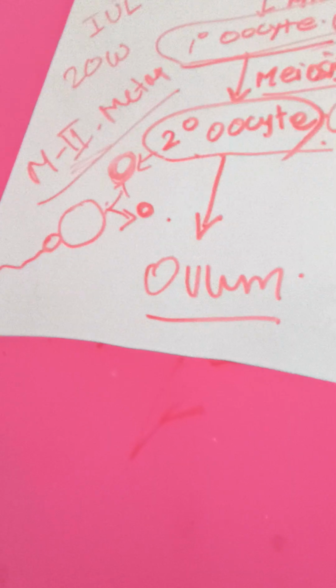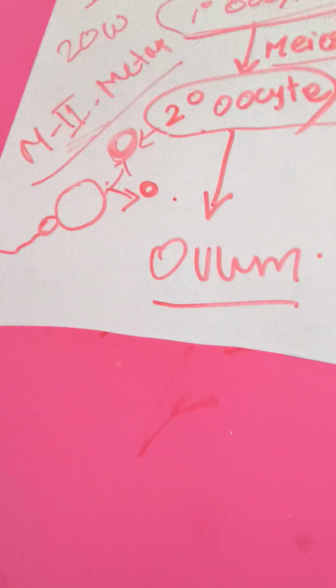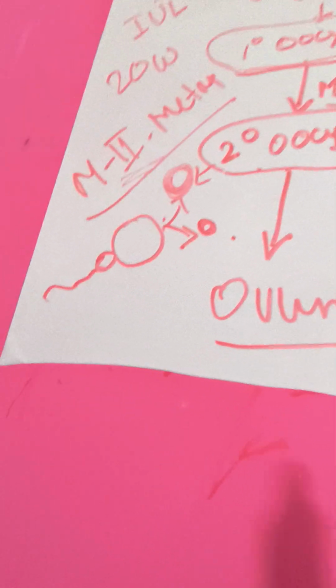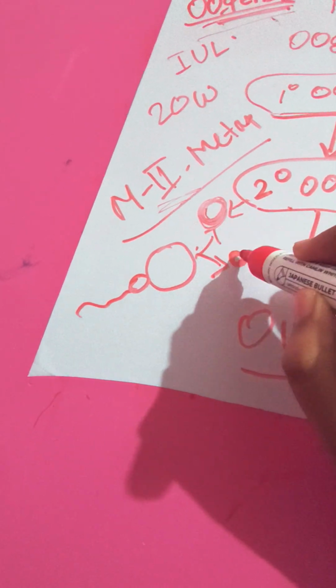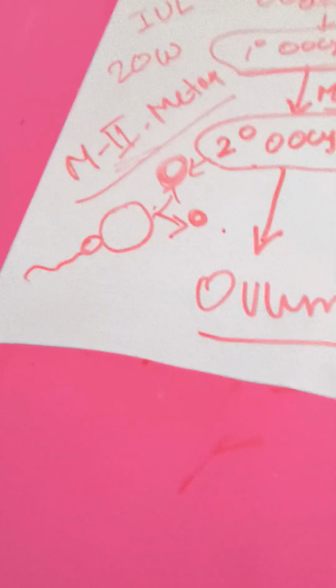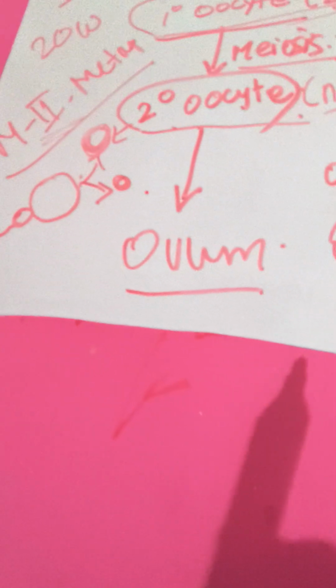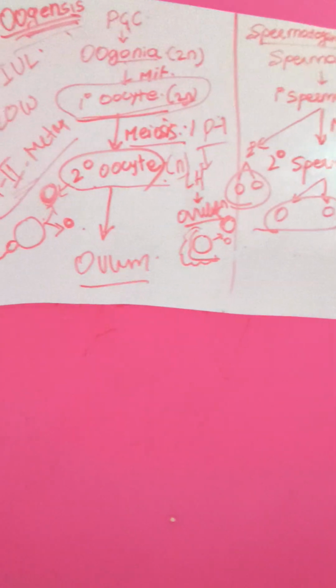Or else the secondary oocyte will degenerate and menstruation starts. But if the ovum is fertilized, the Graafian follicle will convert into corpus luteum. So this was all about it. Check it out.